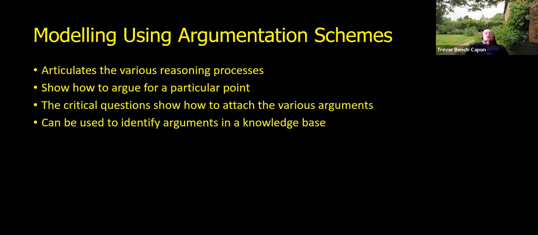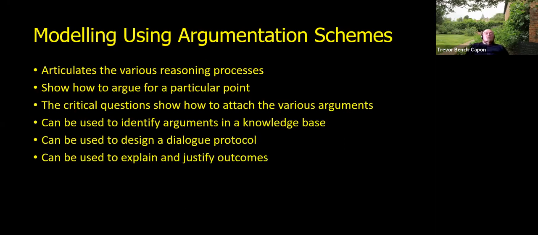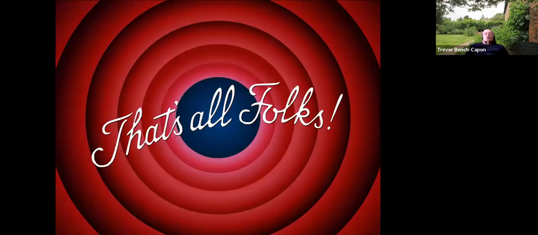And they can be used to identify arguments in a knowledge space. They can be used to ground the dialogue process, and they can be used to explain and justify outcomes. So altogether, they seem to be useful. And that's all.